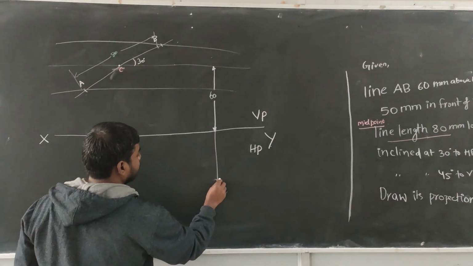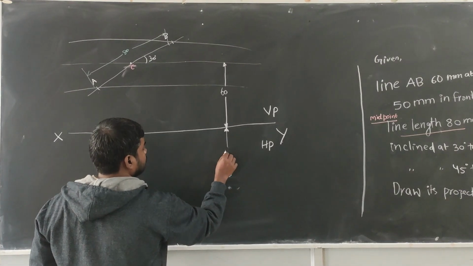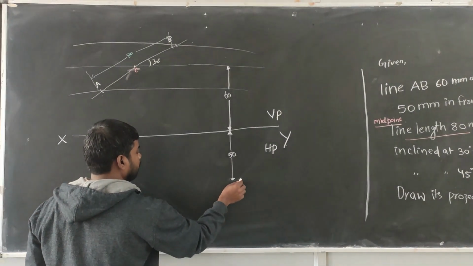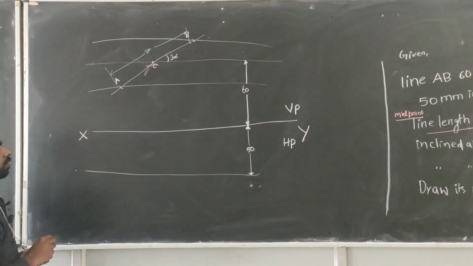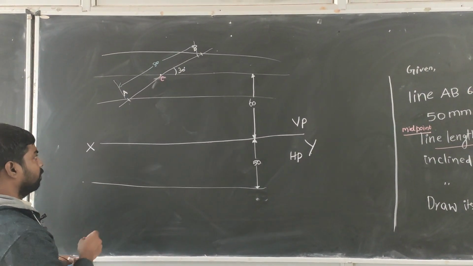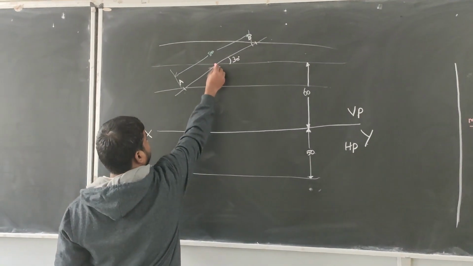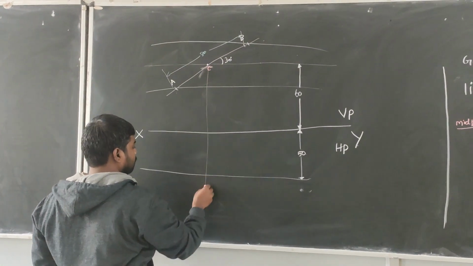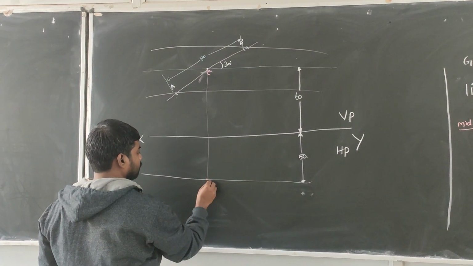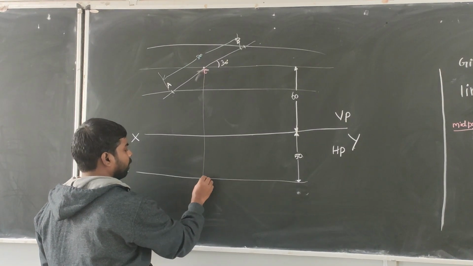Okay, it should be less than the previous one. 50, make one horizontal line. Okay, then here we are using C, so we may fix one small line. Okay, C dash straight away here, C dash or C1 etc. You make it, no problem.